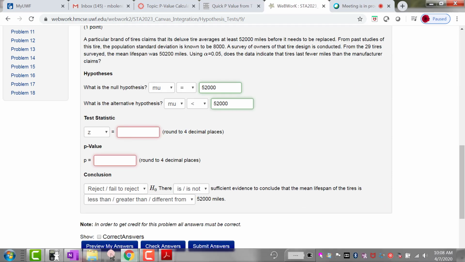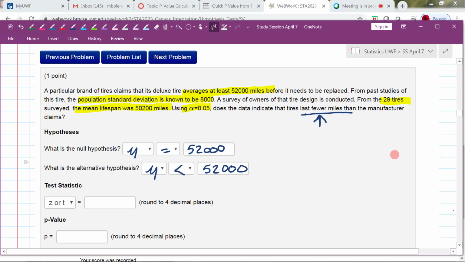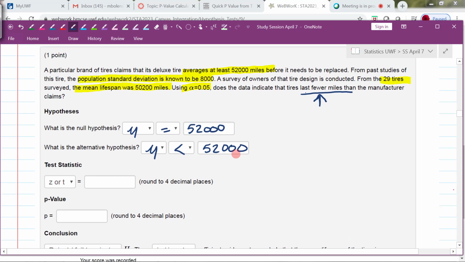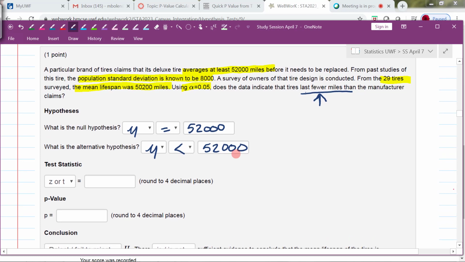Now let's go find our test statistic. So our test statistic is going to be a Z. Mu is 52,000. We have n is 29 tires. Sigma is equal to 8,000.